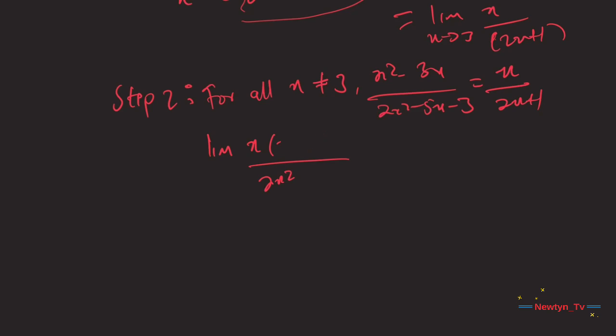The limit of x squared minus 3x over 2x squared minus 5x minus 3 as x approaches 3 will be equal to x over 2x plus 1. Let's bring the limit here as x approaches 3. Now you've gotten it.